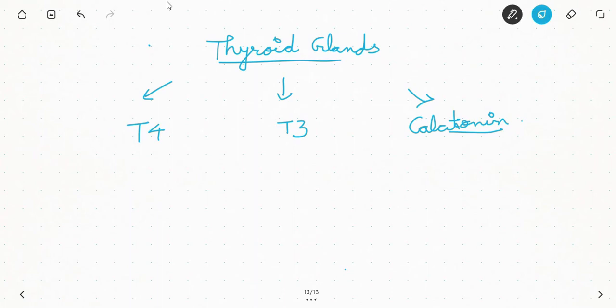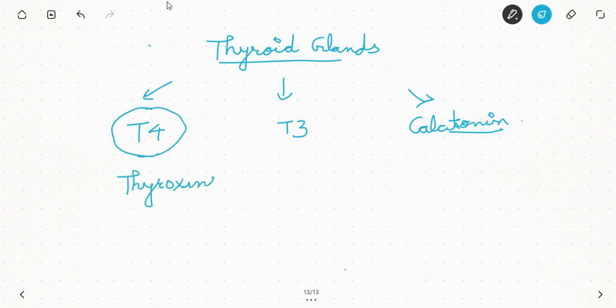Coming to the hormones of the thyroid gland. The thyroid gland secretes three hormones: first, tetraiodothyronine or thyroxine; second, triiodothyronine, that is T3; and third, calcitonin. The tetraiodothyronine is known as thyroxine.